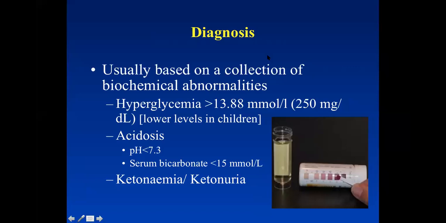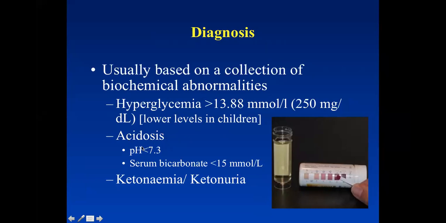For the diagnosis of diabetic ketoacidosis, we do glucose levels, we do arterial blood gas analysis, and we check for ketone bodies. Usually they have very severe hyperglycemia, could be even more than 13, 14, 15, but even at lower levels, they can have diabetic ketoacidosis. Acidosis we detect by doing arterial blood gas analysis.